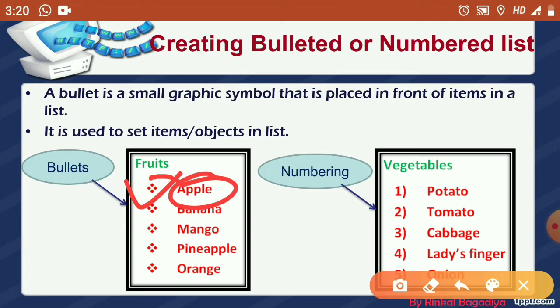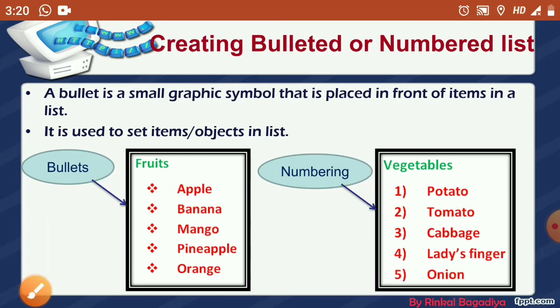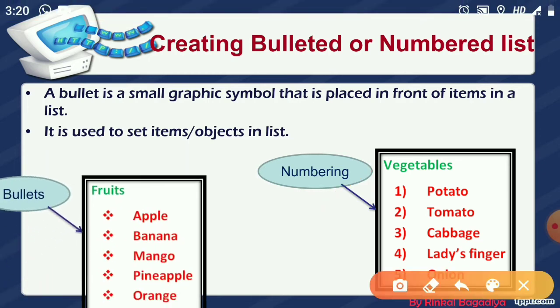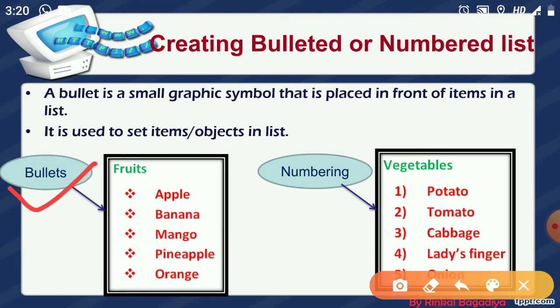So this is bullets and this is numbering. When you want to make a list order wise, then you can use numbering, and when order doesn't matter for you, then you can use bullets. So first is bullets.